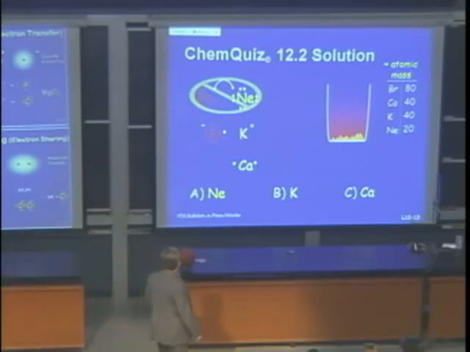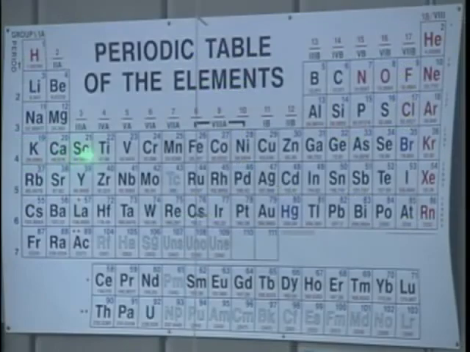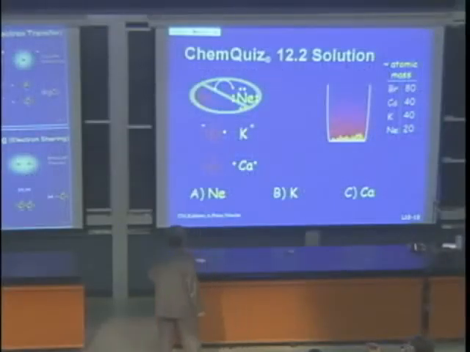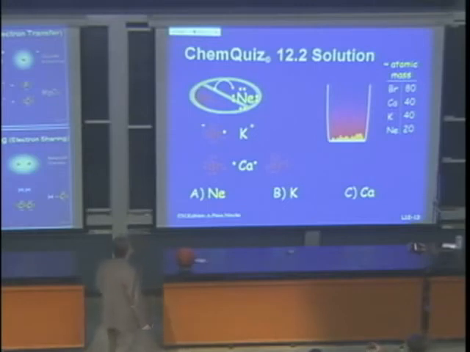But the next one is calcium. It has 2 electrons in the valence orbitals, and so there comes 1 bromine, and there comes the other bromine. And this one pulls 1 electron of the calcium. This one pulls the 2nd electron of the calcium. And with this, you have now CaBr2.